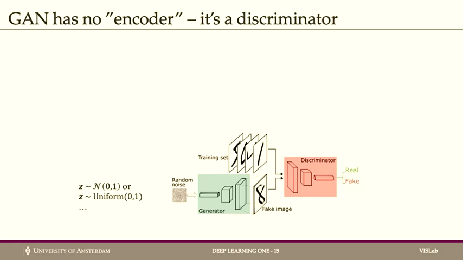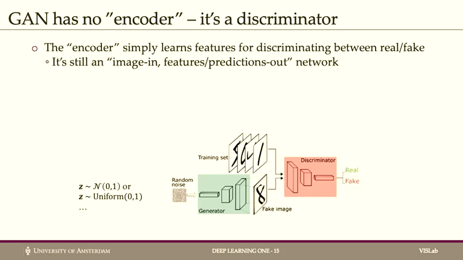Importantly, the GAN doesn't really have an encoder here. Instead, what it has is a discriminator, right? So it's still an encoder and a discriminator both take images in and output something. But in this case, it's simply trying to distinguish between real and fake.